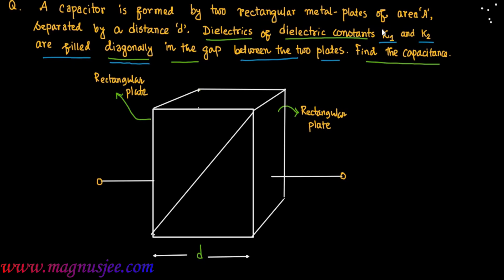The gap between the two rectangular plates is filled with two dielectric media diagonally as shown in the figure. K2 and K1 are the dielectric constants of the dielectrics placed diagonally between the two rectangular plates of a parallel plate capacitor. This is a dielectric medium of dielectric constant K2.